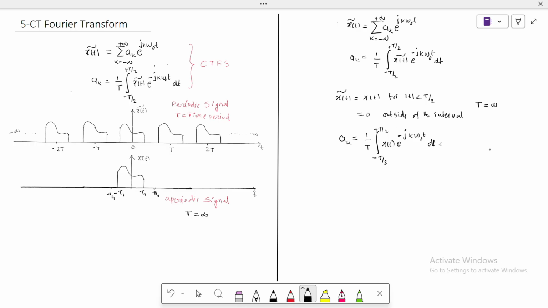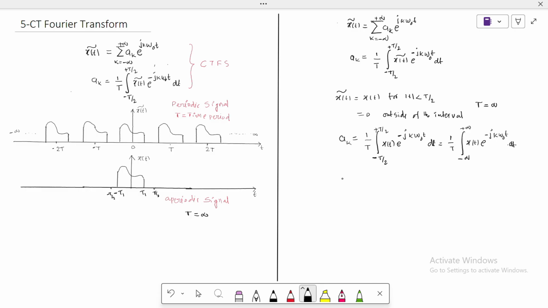Here the time period is equal to infinity, so now I'm substituting: 1 by T integration from minus infinity to plus infinity x of t into e power minus jk omega naught t dt.